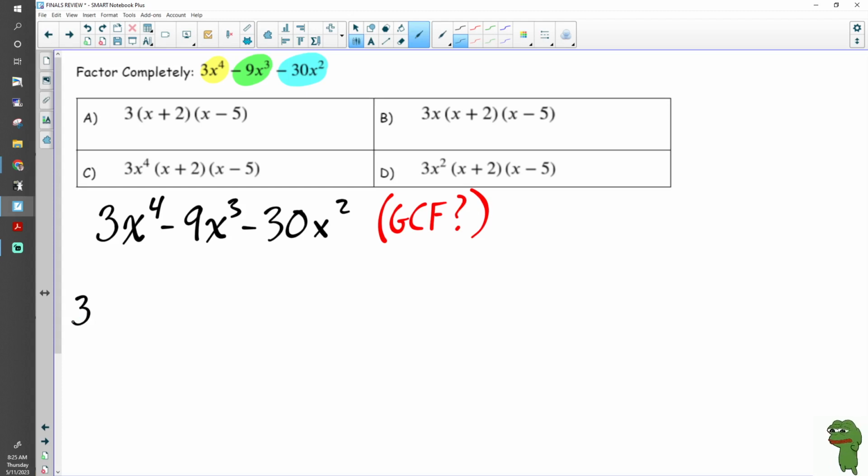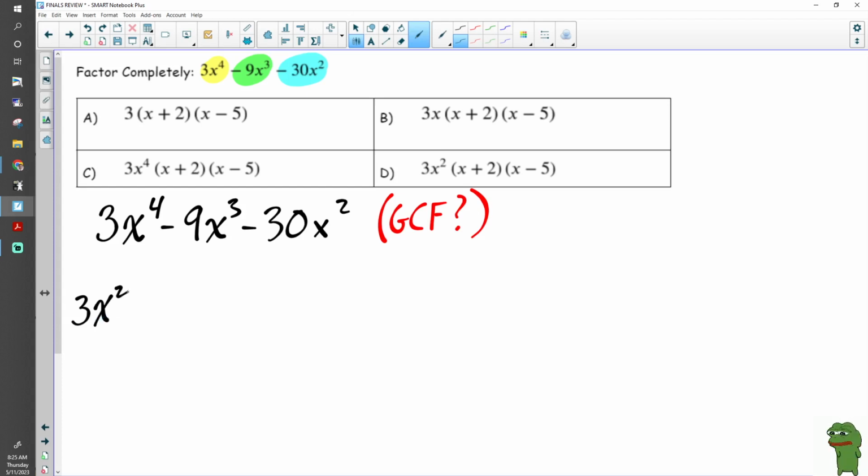After I check and see, can I divide out a number, then I look and see, can I take out any variables? Do they all have x's? Yeah, which means I can take x's out. How many x's can I take out without going over? X squared.